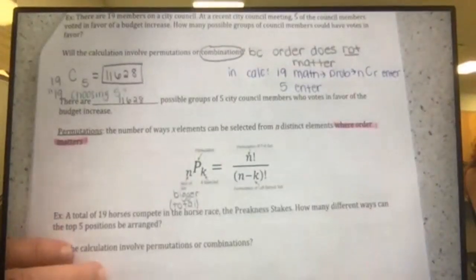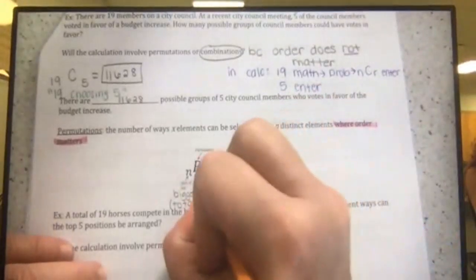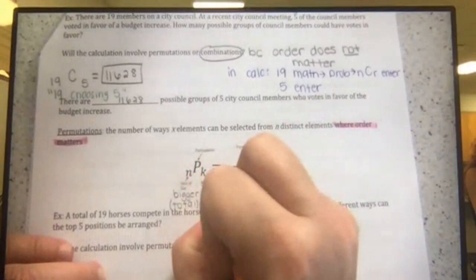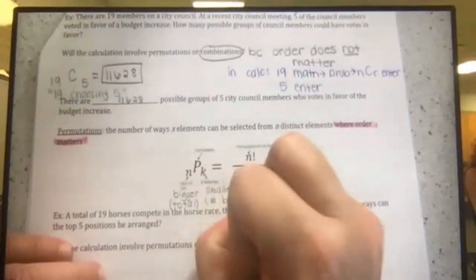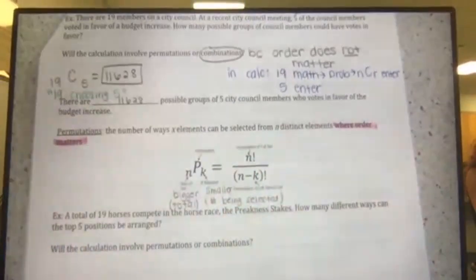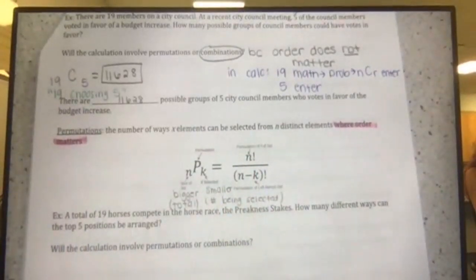Instead of our C for combination, we have our P, and then the number being selected, which is going to be our smaller number. If you want to do it by hand, you can use this crazy formula, but we paid a lot of money for these calculators, so we're going to use them.